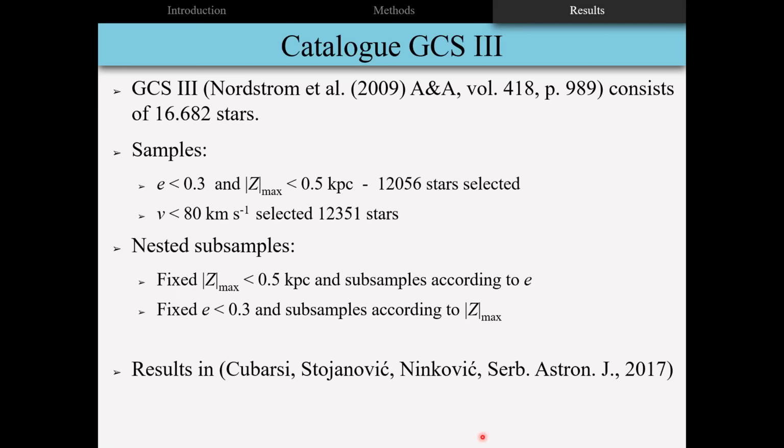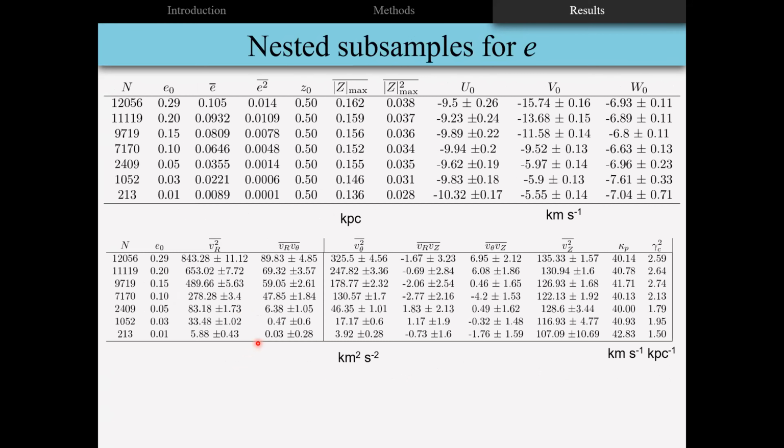All these results are presented in the paper done with my mentor and a colleague from Spain who worked with us on this. This is just to show you how some of these parameters look.